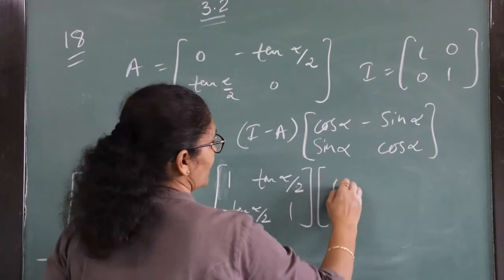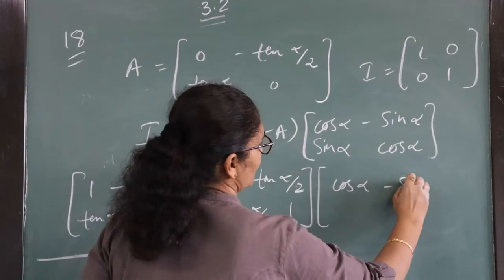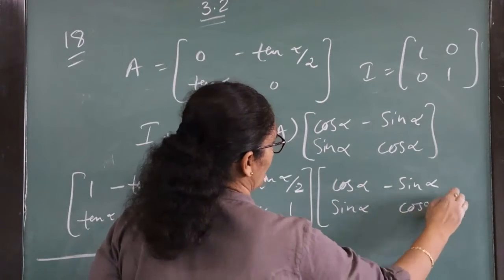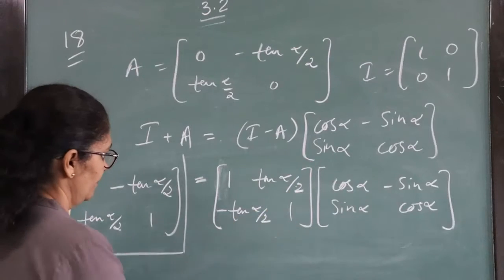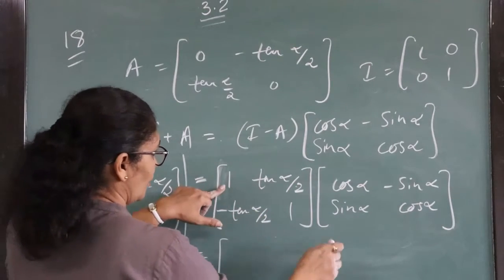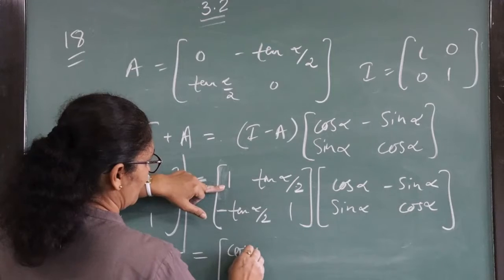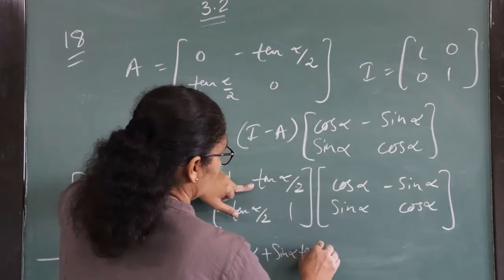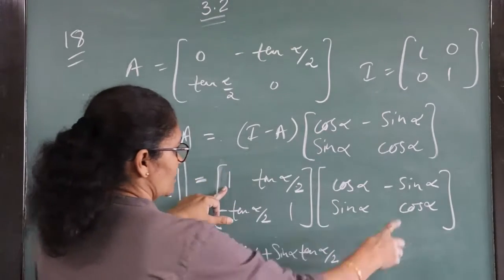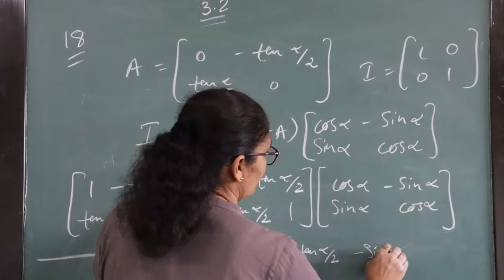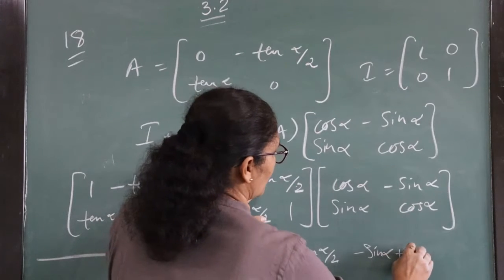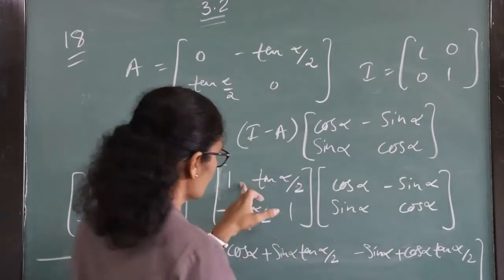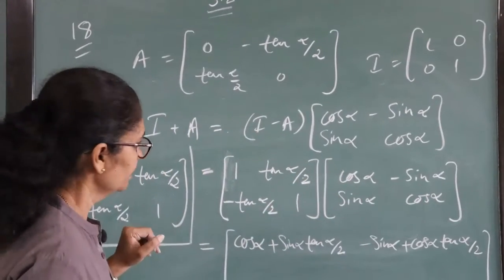Now we have to multiply this with the matrix cos alpha, minus sin alpha, sin alpha and cos alpha. Let us multiply it. So what will you get? 1 into cos alpha is cos alpha plus sin alpha into tan alpha by 2. Similarly, minus sin alpha plus cos alpha into tan alpha by 2. First row, first column complete.